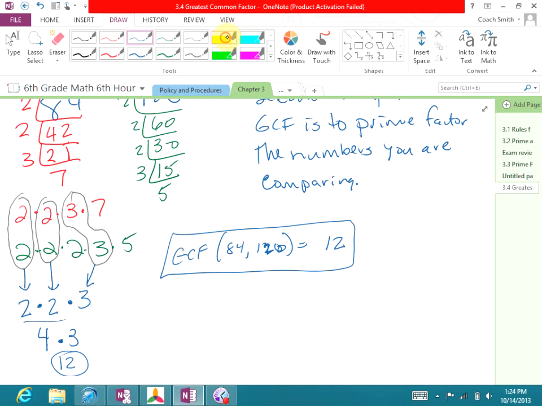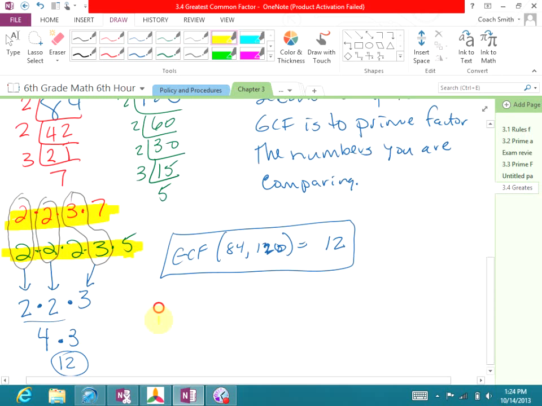Okay? Now, like I said, all we're trying to get to is this point right here. Okay, so whether you use the factor tree to get that prime factorization or whether you use inverted division, doesn't matter. Okay?